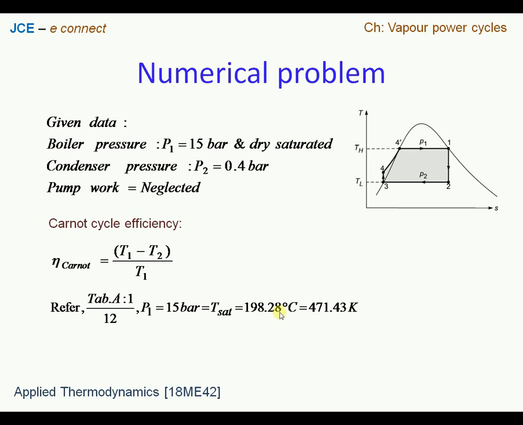Converting this into Kelvin, we add 273.15, and so we have TH or T1.